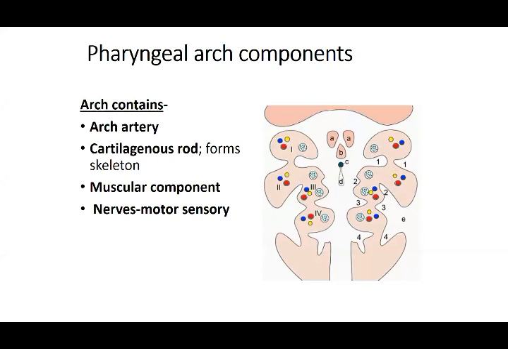The pink in between, that is your pharyngeal arch, that is your mesenchyme. The pharyngeal arch contains this skeleton, the white one. Then you have its nerve, vein, and artery, and the muscular portion of each arch. It has been numbered from inside: one is the first pharyngeal arch, second, third, fourth. So each contains its own four components.